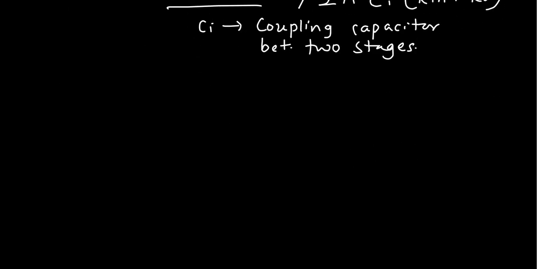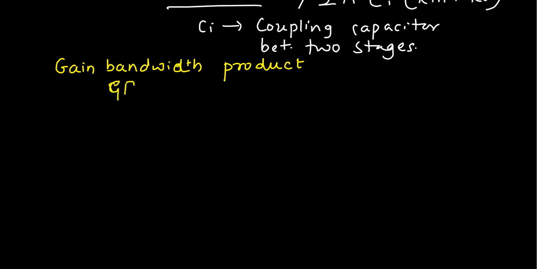It is called the gain bandwidth product, also called GBW, and it is sometimes referred to as unity gain bandwidth.